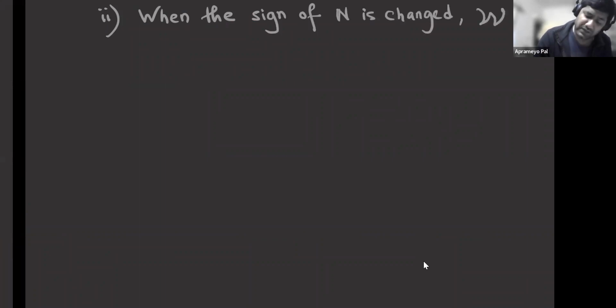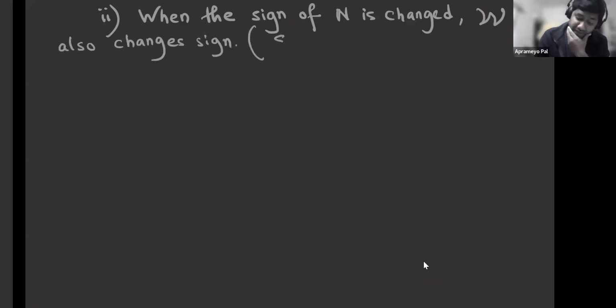then the Weingarten map also changes sign. This you would do as an exercise, I hope, in the tutorial: that when the sign is changed, the Weingarten map also changes sign. But still, the matrix associated to the linear map, when you take the determinant, this remains unchanged.